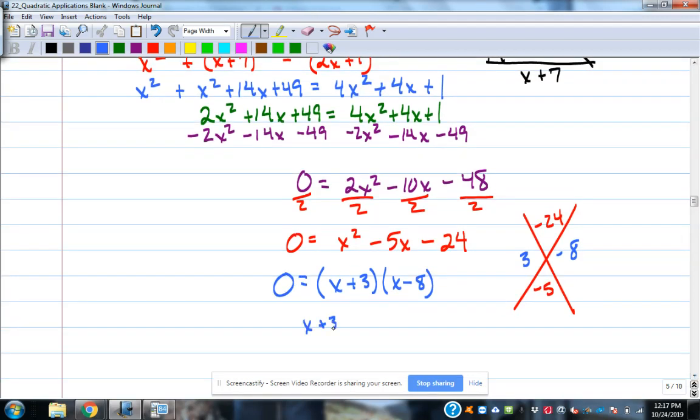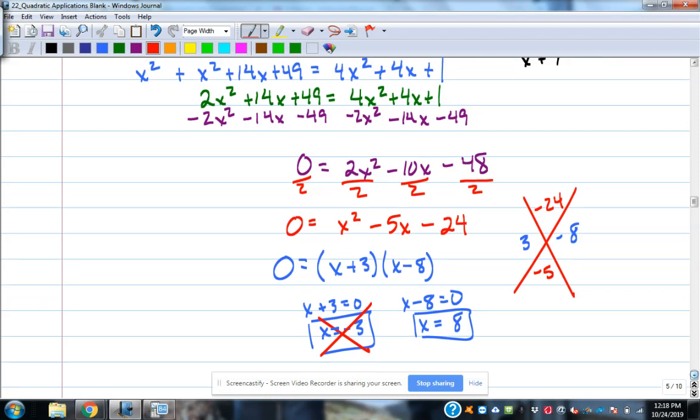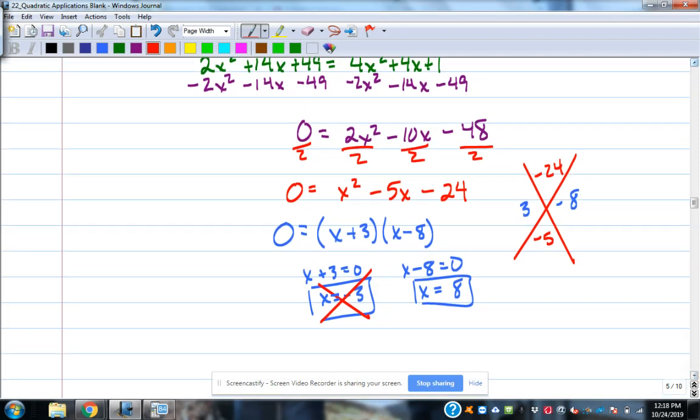So x plus 3 equals 0, x minus 8 equals 0. Negative 3 and 8. Which one of those do we throw away? Negative 3, because that x represents one of my dimensions, the shorter leg. So we're throwing that one out. So we have dimensions of 8.